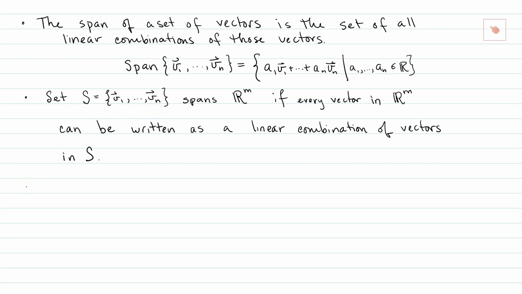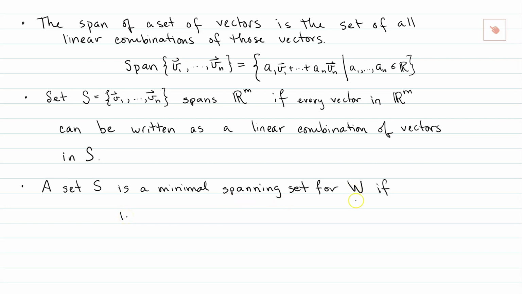And finally, another topic that we want to talk about in the context of the examples we're going to do in a minute is this idea of a minimal spanning set. So here is our last definition that we need to make. A set S is a minimal spanning set for the space W if first, it's a spanning set.